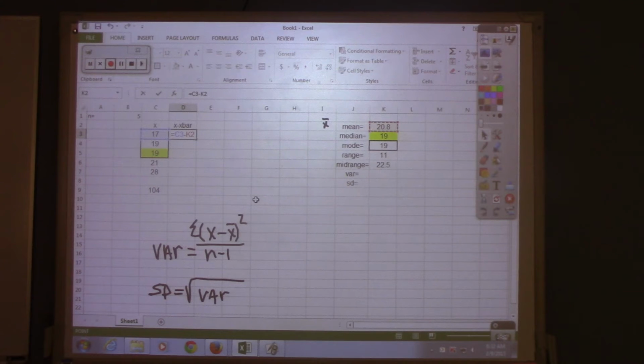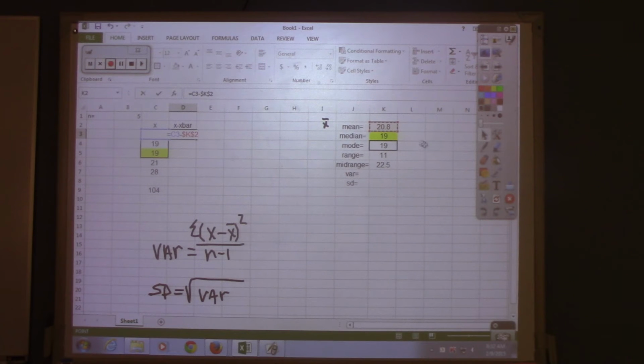Hit F4. What does that do? It locks that number right here. See, it changed it to a different kind of reference. It locks it. In Excel, if you copy down, it will grab the next number and the next number over here and subtract it. So when you copy down, if you hit F4, what will it subtract each time? 20.8.